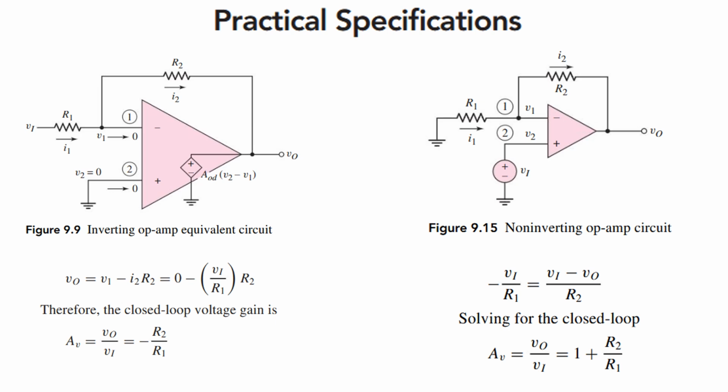That is why, if we ground the non-inverting terminal, the same voltage, V equal to 0, will appear at the inverting terminal. And so you can find the current passing from the output to the inverting terminal.